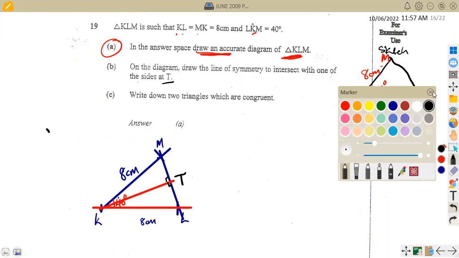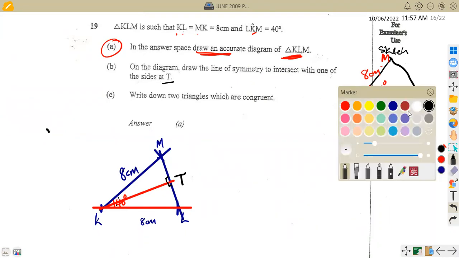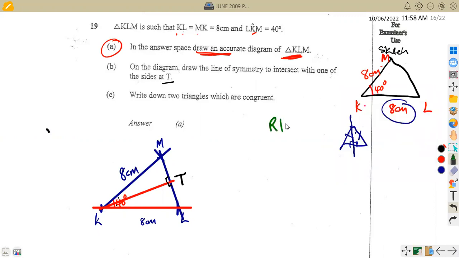From the C part now, we are given, write down two triangles which are congruent. So the case of congruence, guys, because these are right angle triangles, we can focus on the case of RHS: right angle, hypotenuse, side. So we've got right angle, hypotenuse, side.